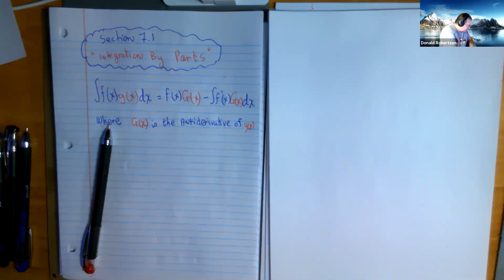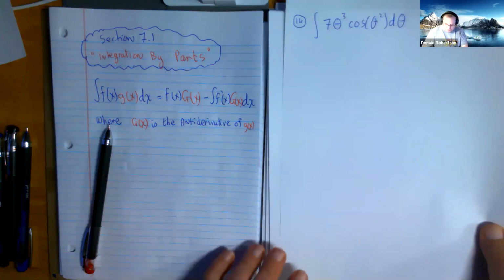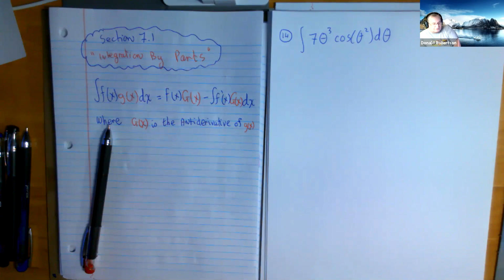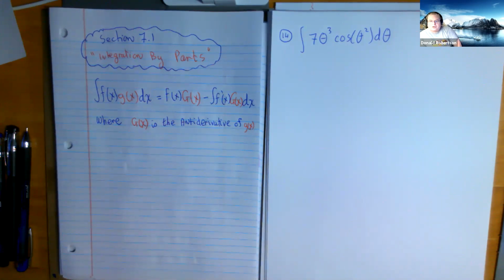Now, that one was an example of a U-sub that needed to be done. There's quite a lot of these U-sub partnering with integration by parts. This one here, for instance, is a U-sub.